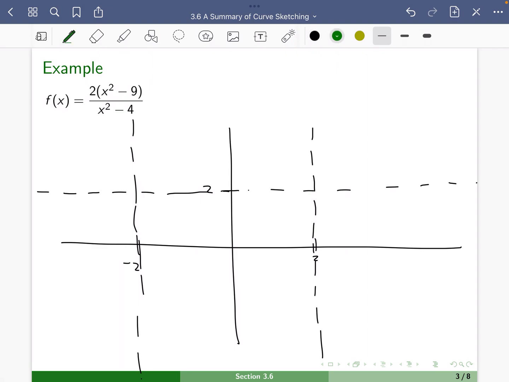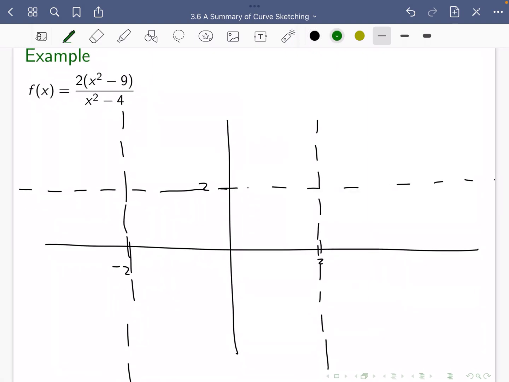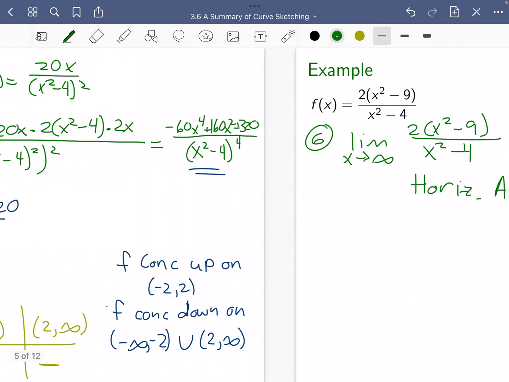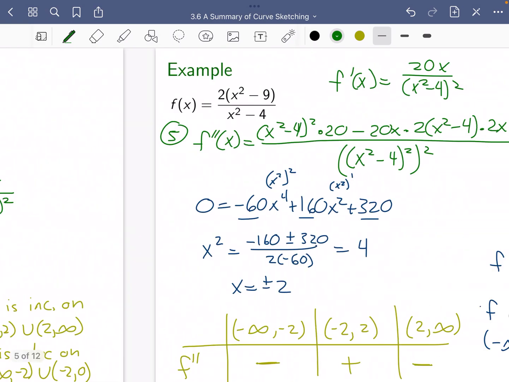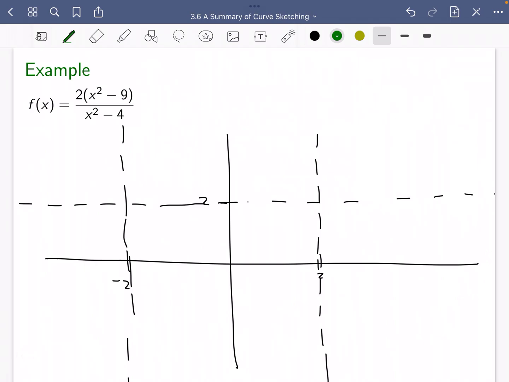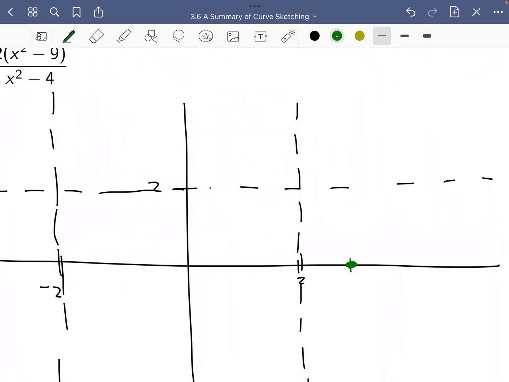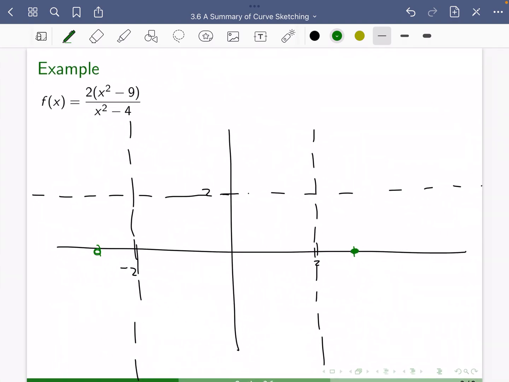As intercepts, we had an x-intercept at 3 and negative 3, and a y-intercept at 9/2, or 4.5. So at 3, we'll have an x-intercept. At negative 3, we have an x-intercept. At 9/2, we have a y-intercept.